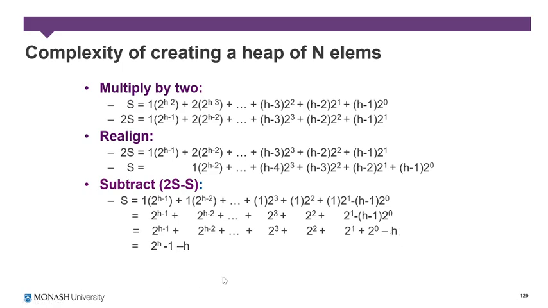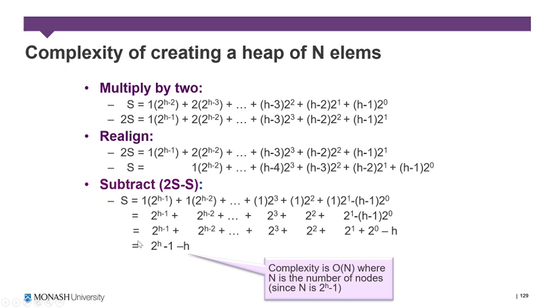If we consider the number of nodes in the tree, it's 2 to the power h, where h is the height of the tree, minus 1. So if we replace that, that's n minus h. Therefore, the complexity, or the upper bound, can be provided as O(n), where n is the number of nodes in the tree. So that just proves that this approach is O(n).